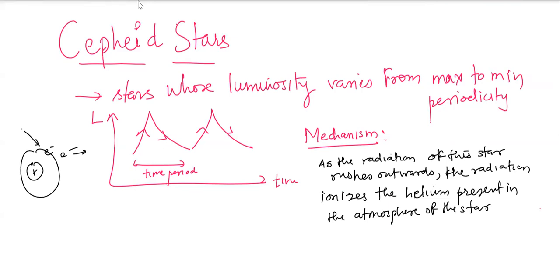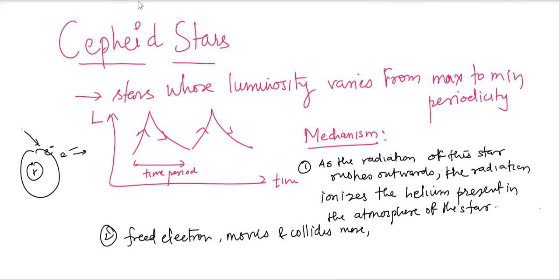Now the freed electron moves and collides more, and thus the temperature of the atmosphere increases.